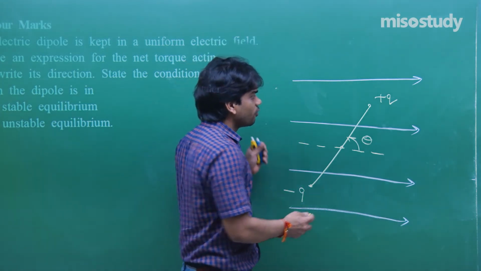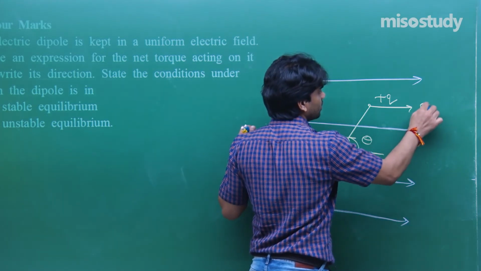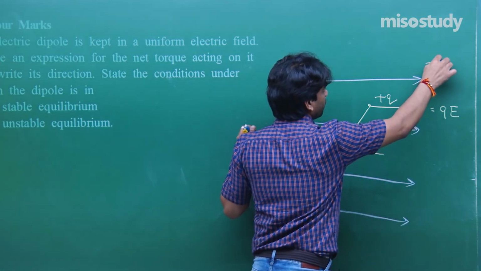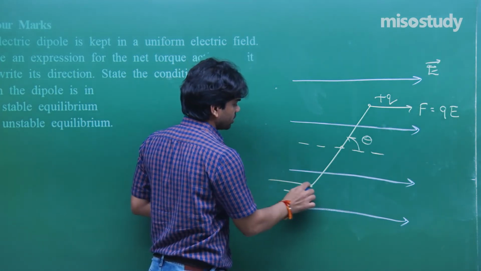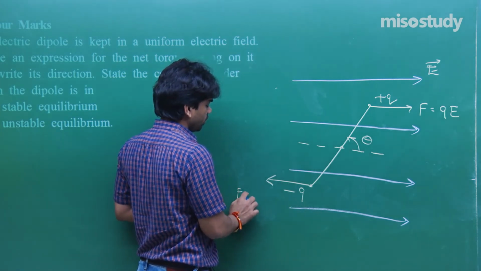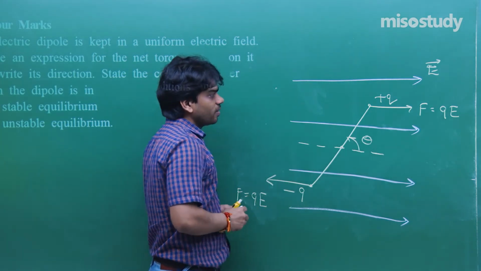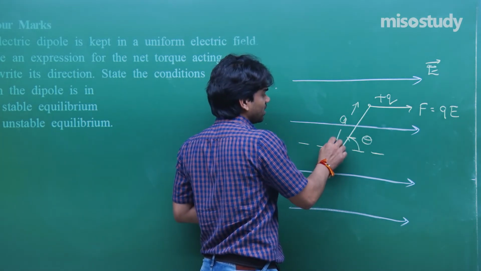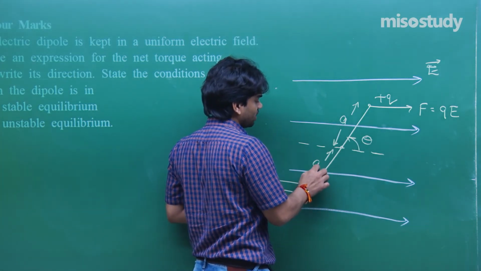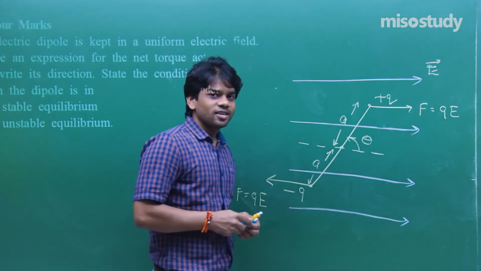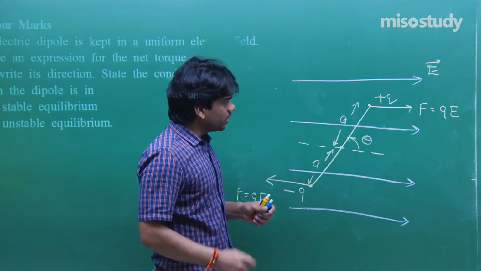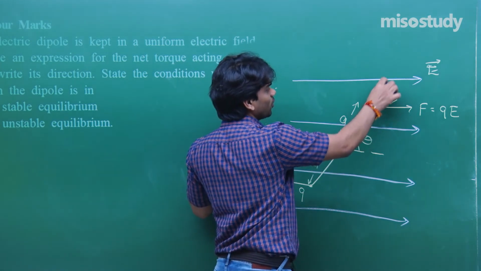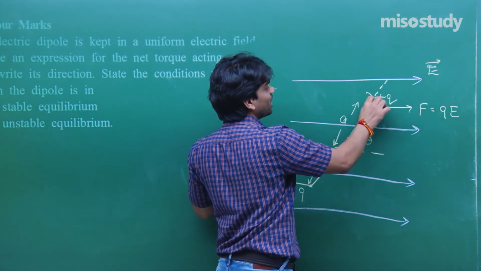Force acting on each charge is F equal to qE, where E is the value of the electric field. Let's say the dipole's half length is a. Force acting we got as qE, and the torque due to each of the forces you can easily evaluate. We have already done this in our regular class.